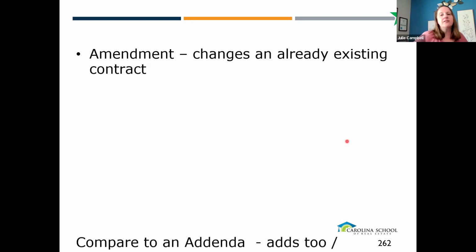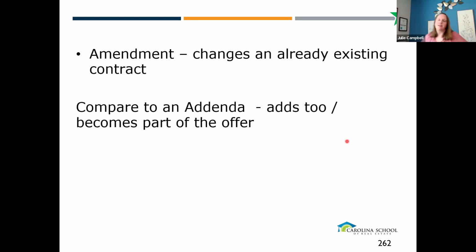Compare an amendment to an addenda. When we see addenda, what I really want you guys to see is the word add. An addenda adds to and becomes part of the offer, and upon acceptance becomes part of the contract. So an addenda adds to, an amendment changes.